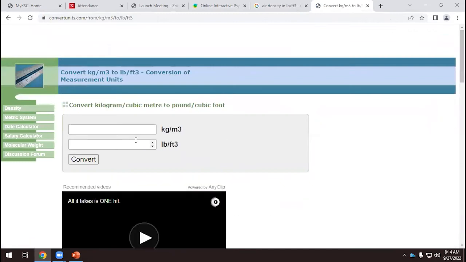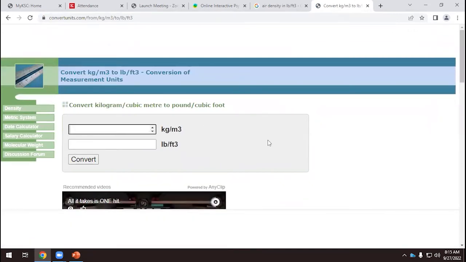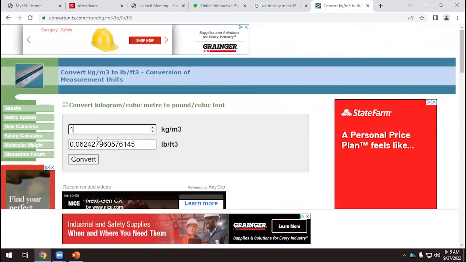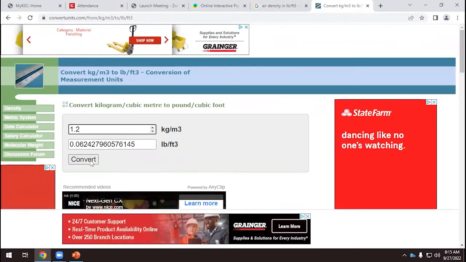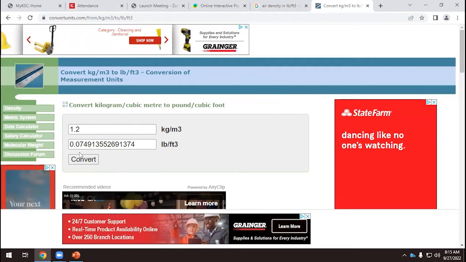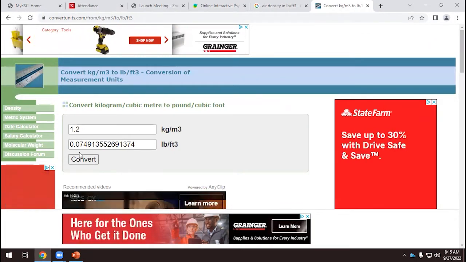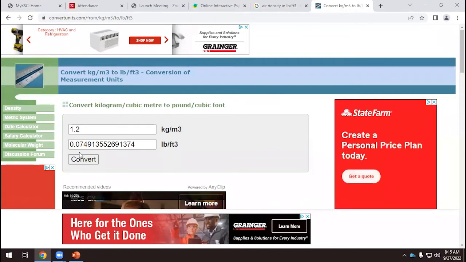If I have 1 here and I convert, this is 0.06. So it's close to 0.07. Actually, my teacher was wrong, because the air density is 1.2 kilograms per cubic meter. So if we do this, it's 0.075. It can be 0.074, 0.07. The third decimal doesn't matter, but the first decimal in this case matters.